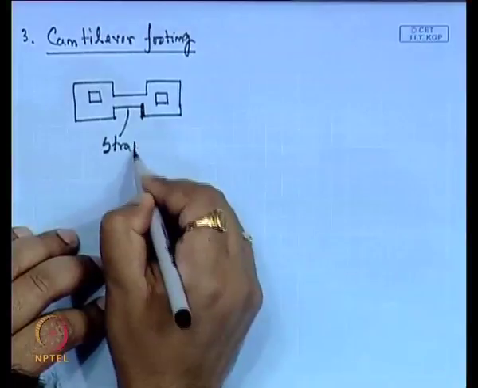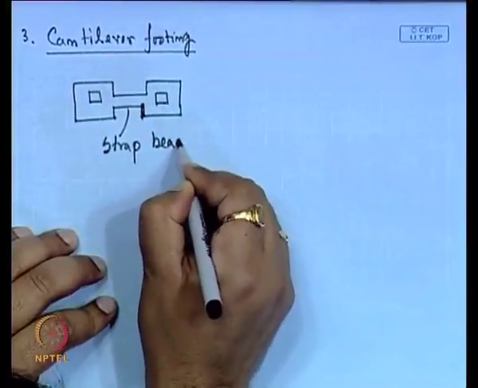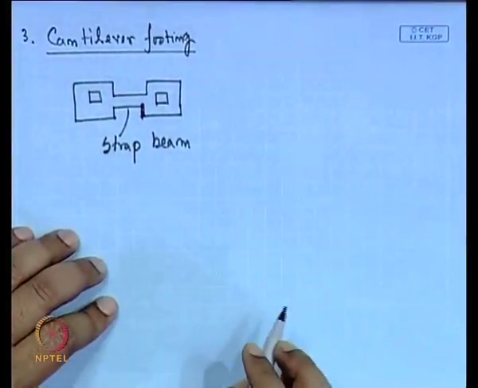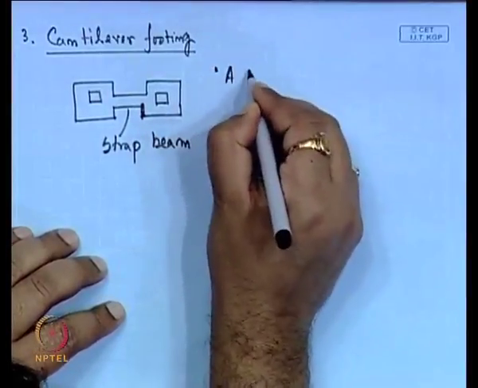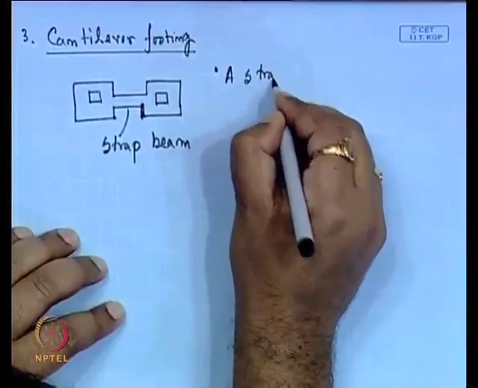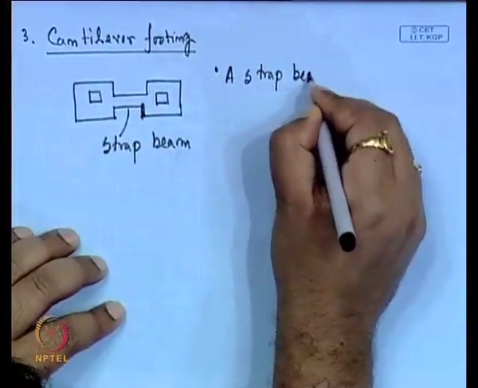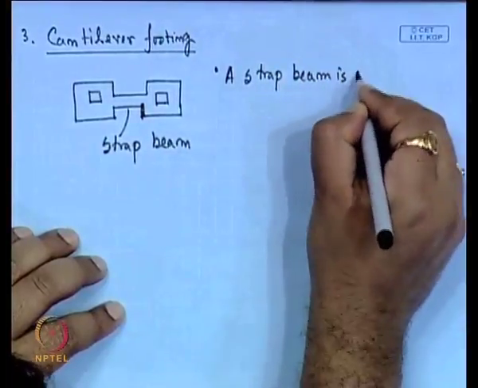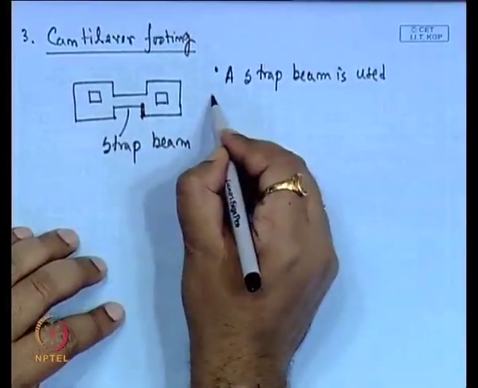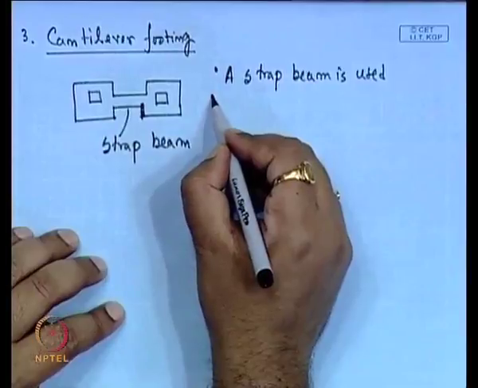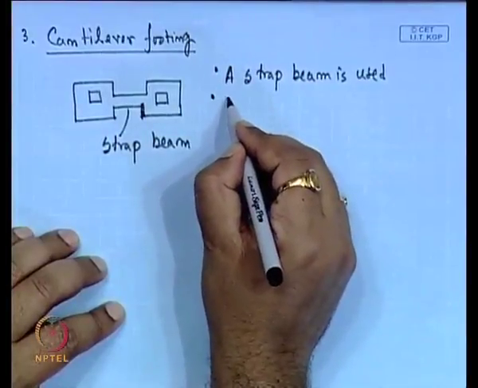This strap beam that we will use to attach these two columns. So, one condition, this one strap beam is used to connect these columns.